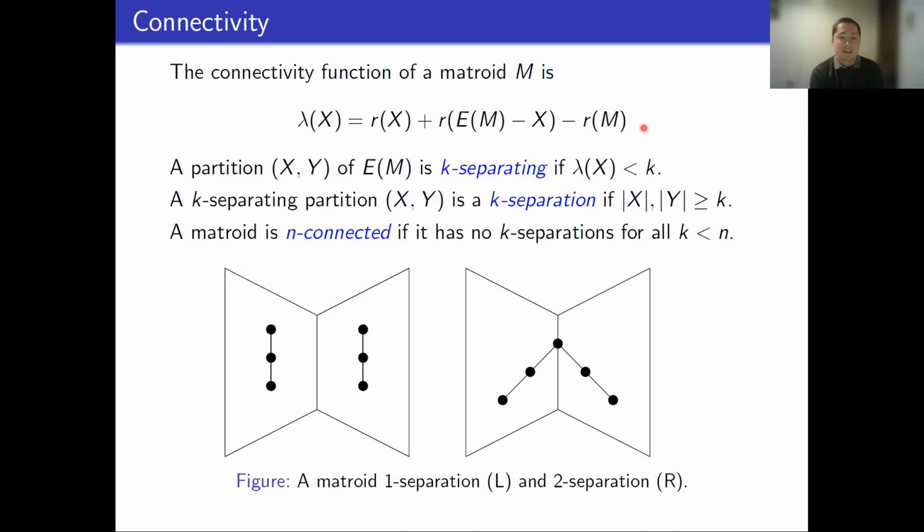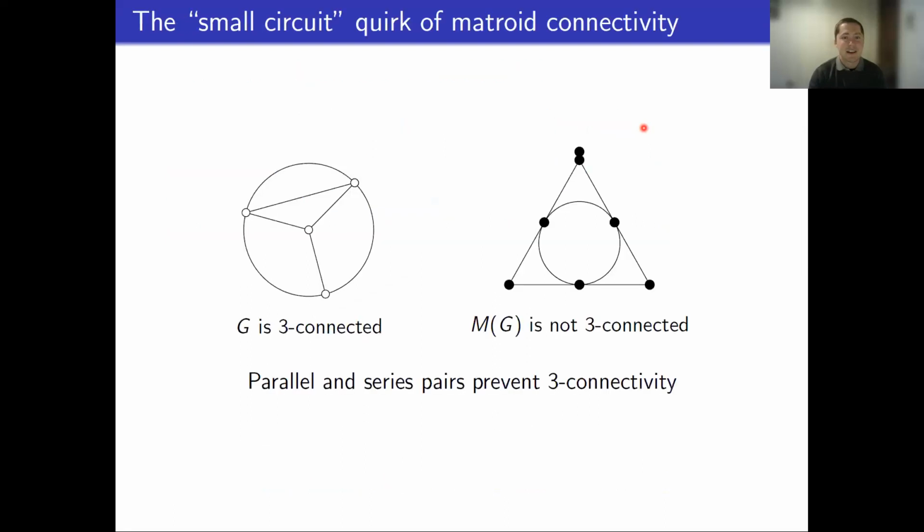So something is 3-connected if it has no 1-separations or 2-separations. 1-separations are just these skew subspaces, which you've got a picture of on the left, and 2-separations are these things meeting at a point, basically. So that's pretty much our preliminaries on connectivity.